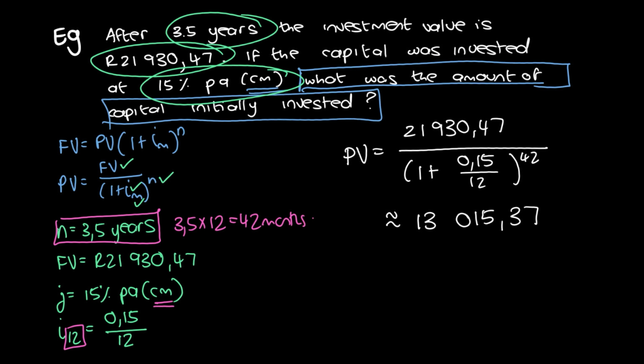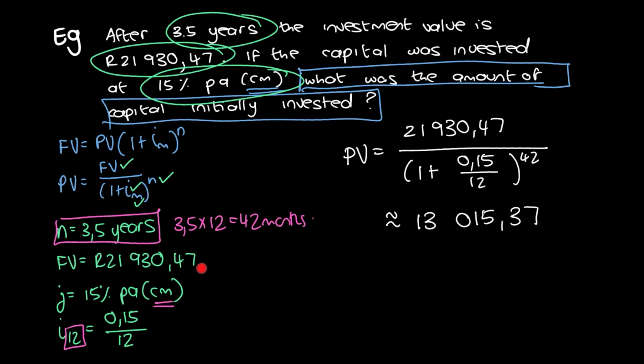So that's our question. When we did it via formula, we first took our compound interest formula and made the present value the subject of the formula. Then we looked at getting all the things for our formula, which in our case was the future value, the effective interest rate, the compounding periods, which is the M, which we needed for our effective interest rate, and the N, the duration, where the units of N corresponded with the units of M. We changed N to months to correspond with the compounding period, because remember it was compounded monthly.